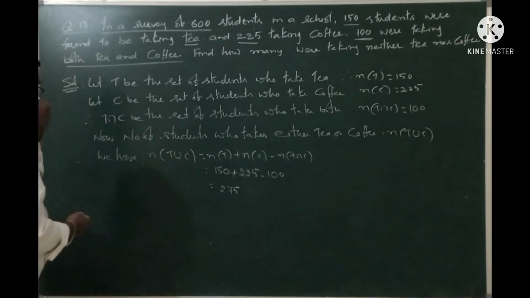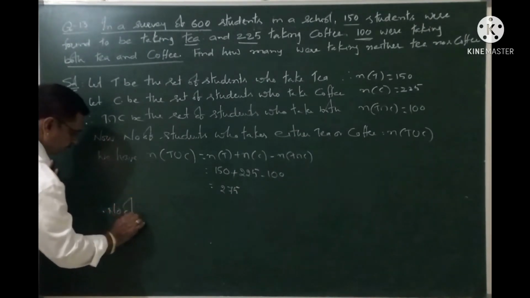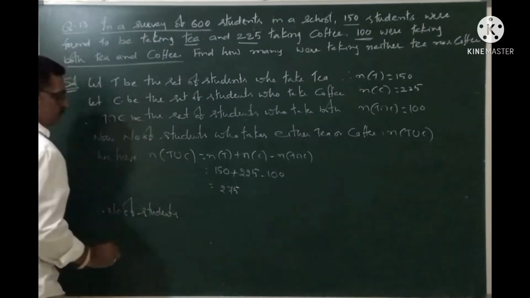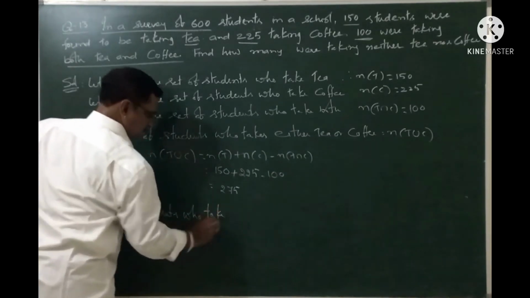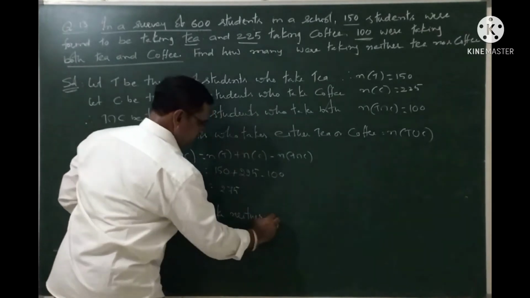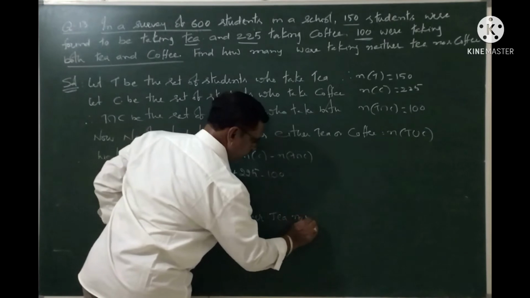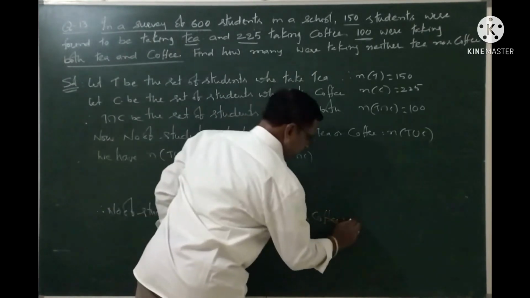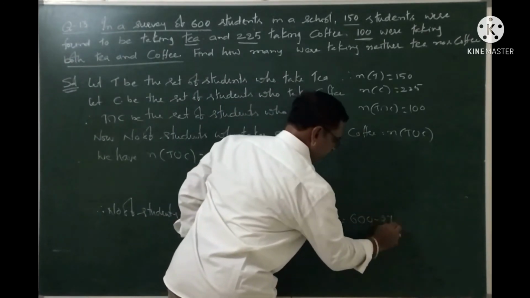So, therefore, the number of students who take neither tea nor coffee is equal to the total 600 students minus 275.